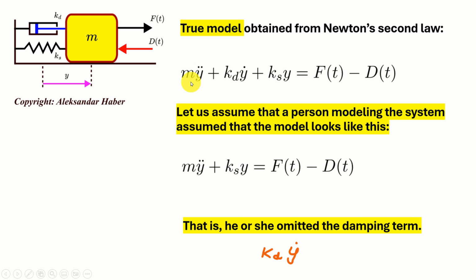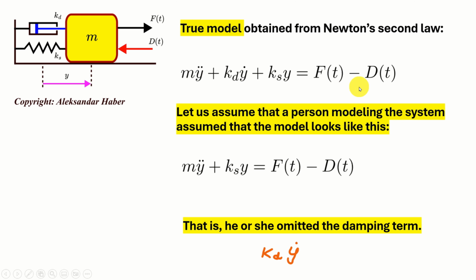Now, we will call this model the true model. That is, we will assume that this model accurately represents the physical reality. That is, that the system is exactly linear and that it behaves according to this equation.